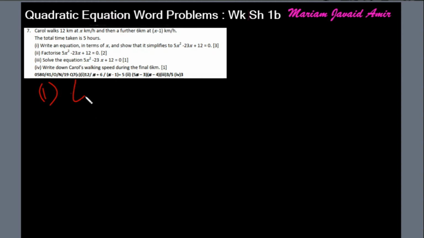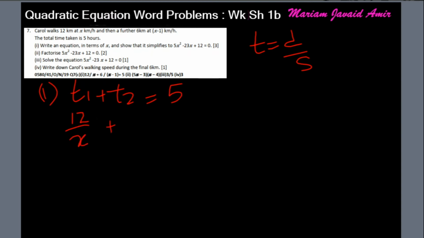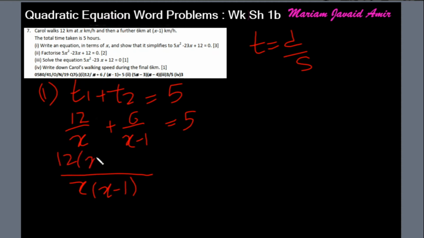The total time of the first journey and the second journey is 5 hours. The formula for time is distance over speed. So the first distance is 12 and the first speed is x, plus the second distance is 6 and the second speed is x minus 1. So this will be the equation. Simplify it. The LCM is x times (x minus 1): 12 times (x minus 1) plus 6x equals 5, which becomes 12x minus 12 plus 6x.